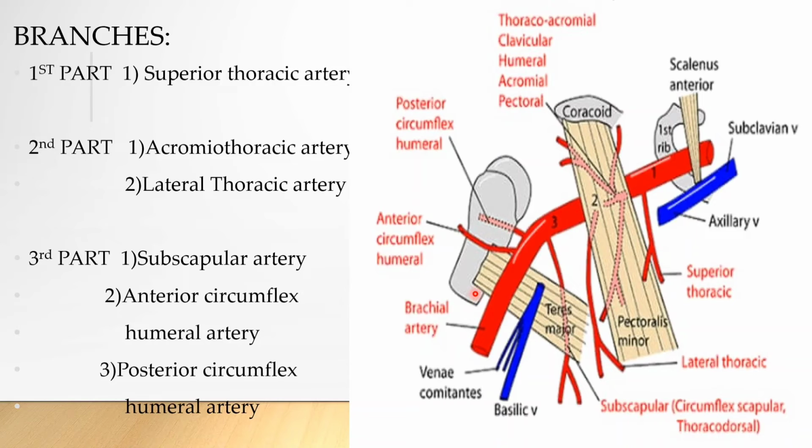This anastomosis is formed by anterior circumflex humeral artery and posterior circumflex humeral artery. See the name, anterior circumflex humeral artery. Anterior means anteriorly. Circumflex means which is rounded, and humeral means humeral bone. This is anterior circumflex humeral artery. The posterior is also the same.